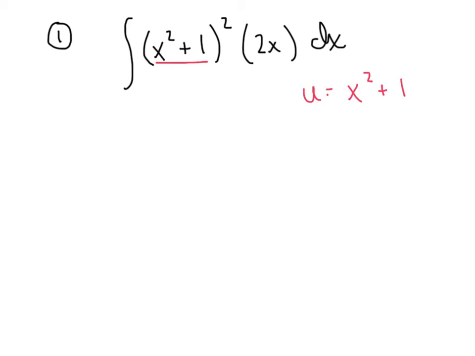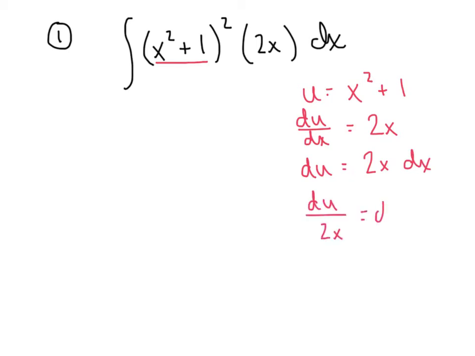The next thing I want to do is derive that with respect to x, because x is the independent variable here. So the derivative of u with respect to x equals 2x. And the next thing I'm going to do is try to solve for dx. So I'll multiply dx to the other side, and then divide by 2x, and so I have du divided by 2x equals dx.